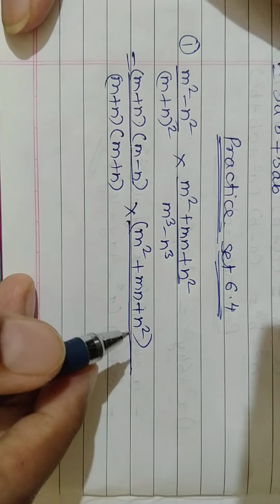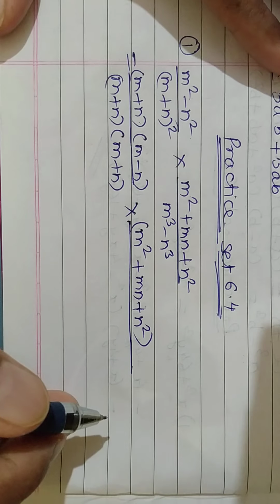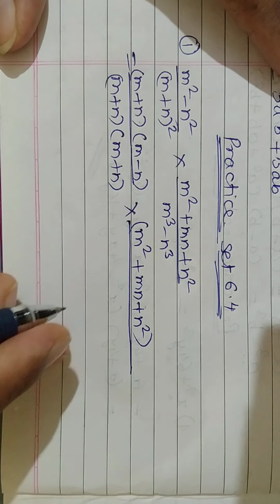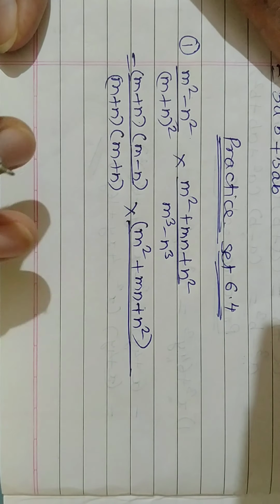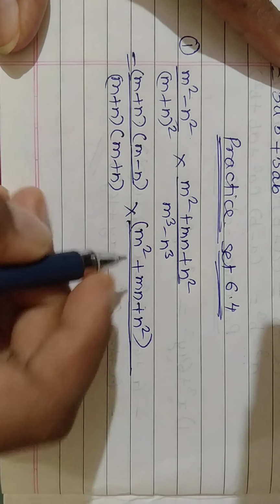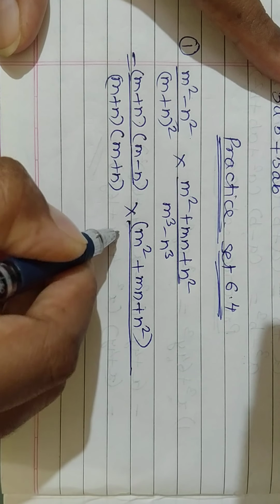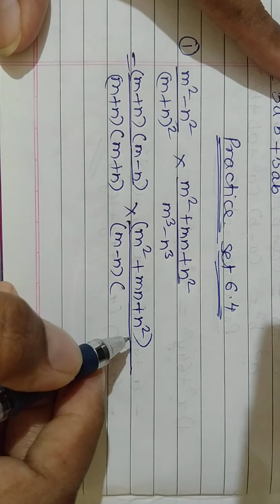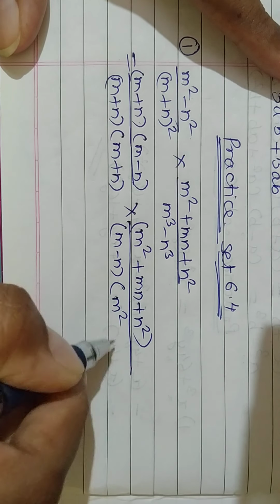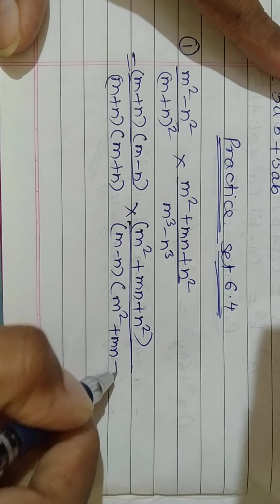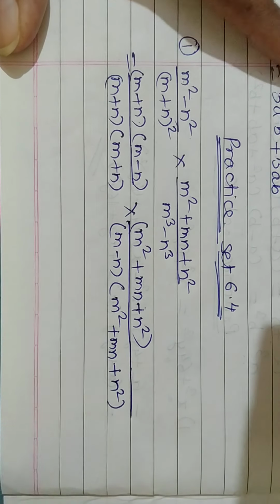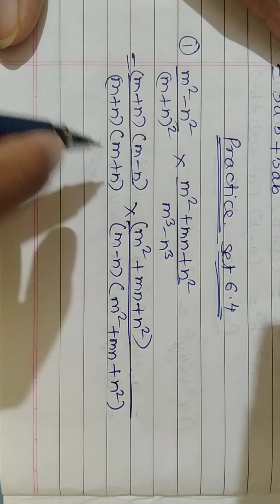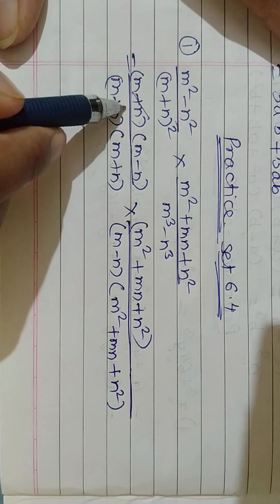Now m cube minus n cube formula you have to apply here. First bracket a minus b, that means m minus n. Then second bracket m square plus mn plus n square. Now see what you can cut from this. This m plus n, m plus n.